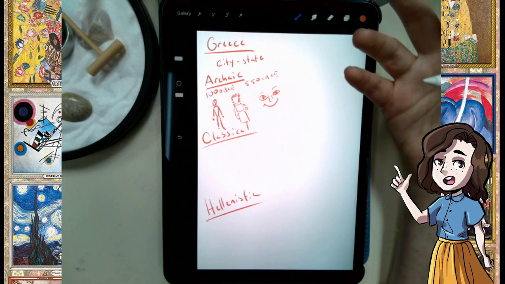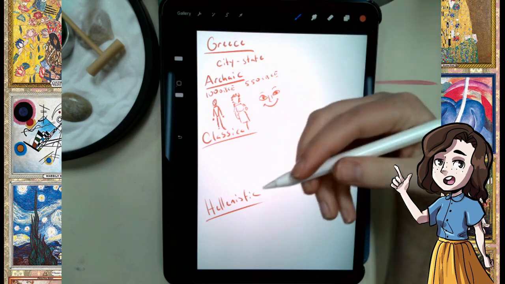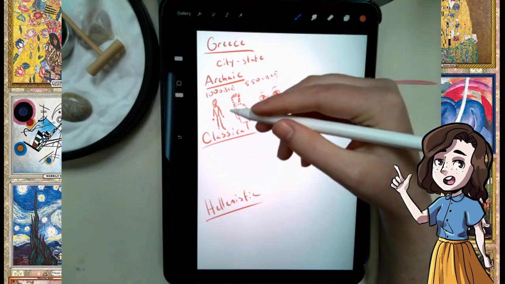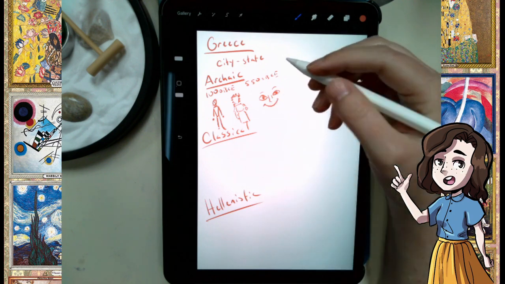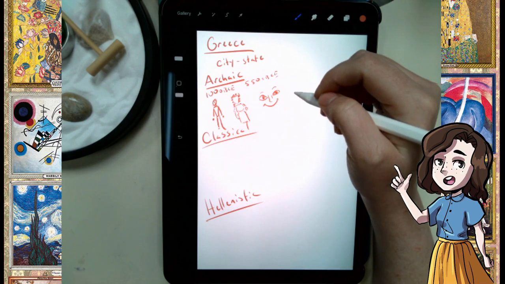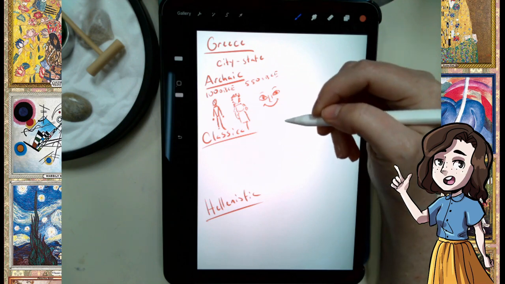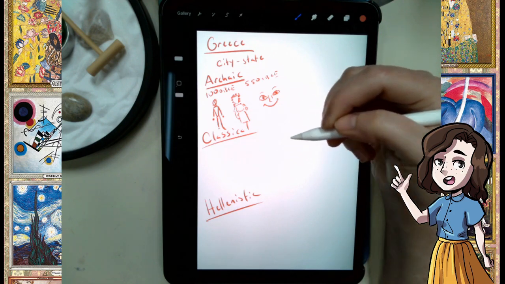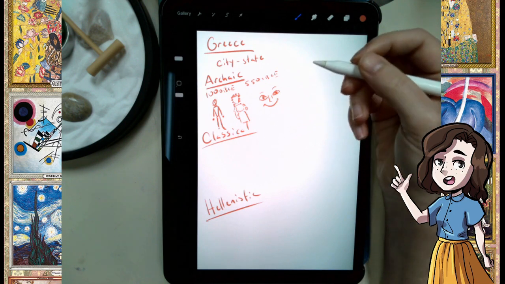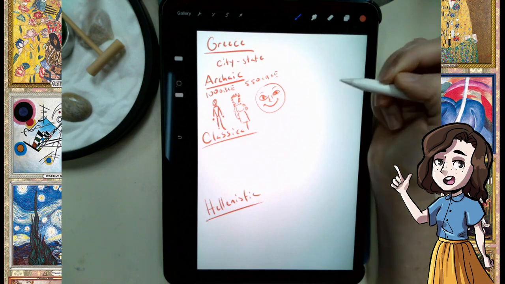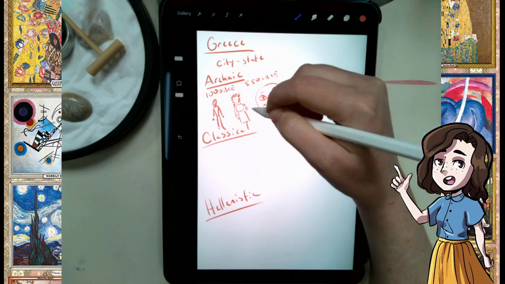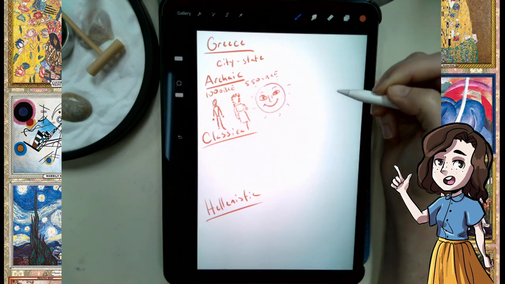It does today too, and how different cultures deal with death shows more about their ideals, their culture, their lifestyle. The archaic Greeks are looking at death as not something super scary. Look at how peaceful it is. So that's where we get that archaic smile. It looks like it needs to be a sun. There you go, there's Apollo now.